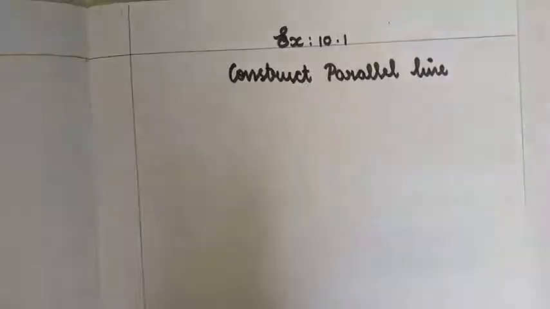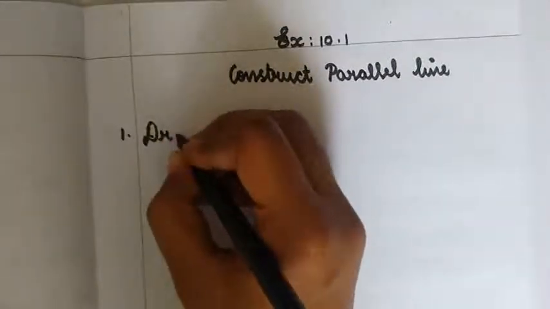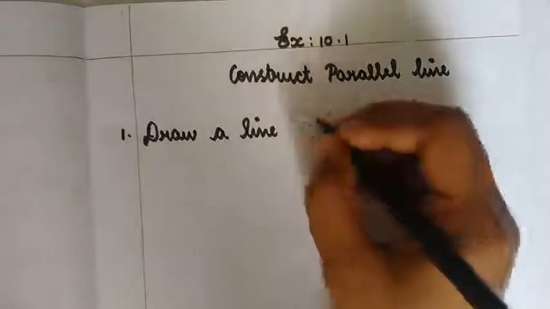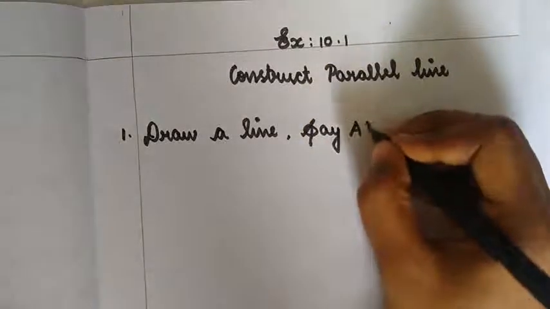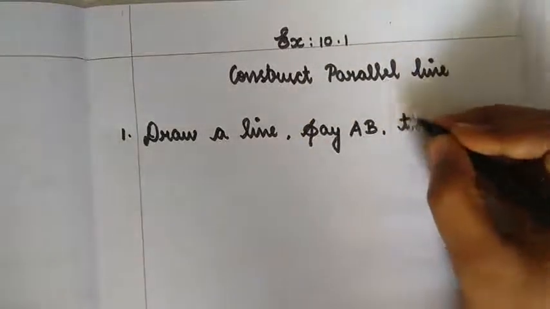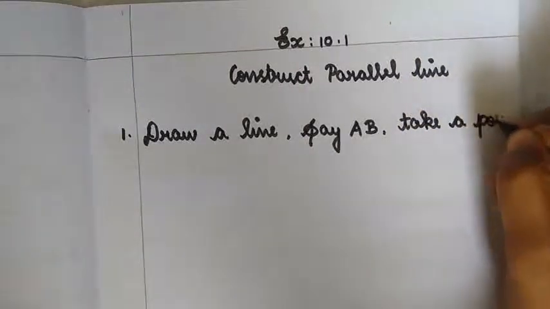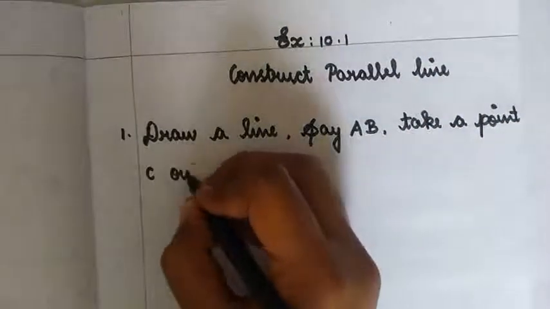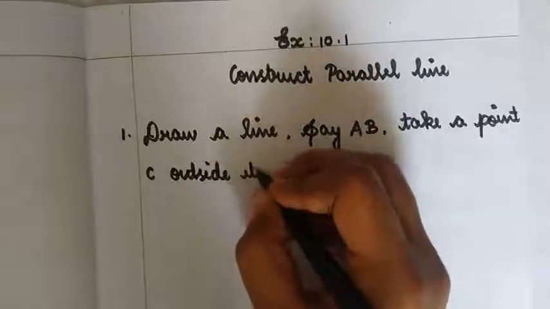Okay, let's see the first sum. Write the question. Draw a line, say AB. Take a point C outside it.